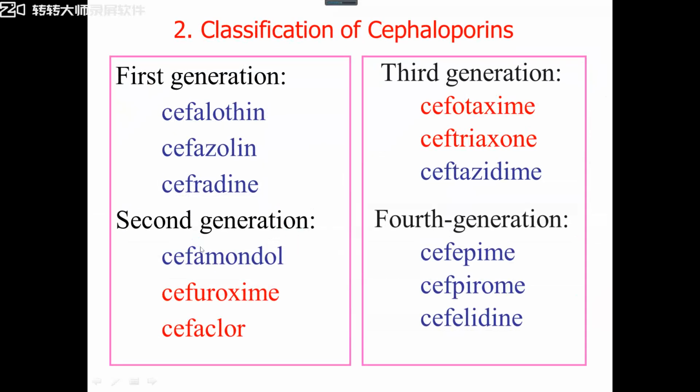Okay. So we have different cephalosporins, and we divide cephalosporins into 4 generations. The first generation cephalosporins, the oldest cephalosporins, and we still use them in clinic, such as cefalotin, cefazolin, and cefradine.